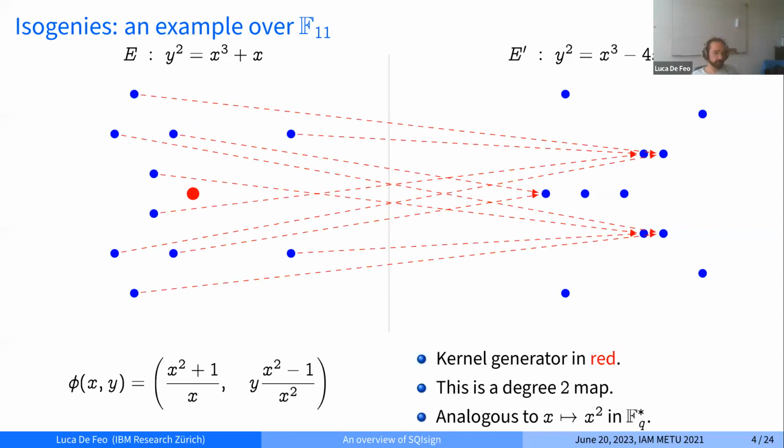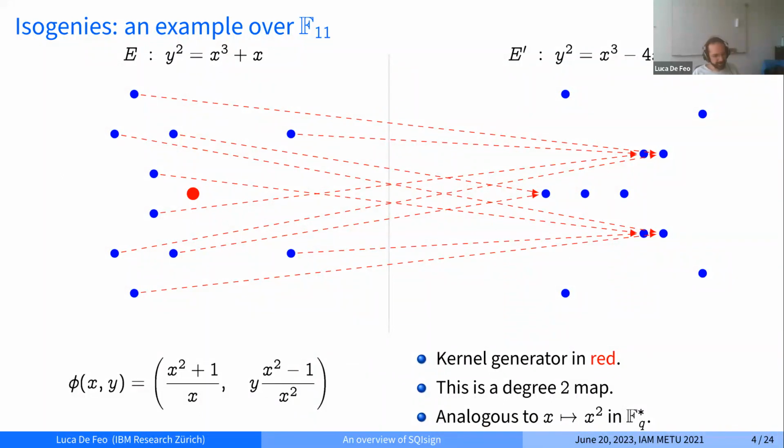And then this map, defined by these polynomials that I have there in the lower left corner, (x squared plus 1) divided by x and y times (x squared minus 1) divided by x squared, it's easy to check that this map is an isogeny. It certainly is algebraic because it's defined by algebraic maps. And then you need to check that the point at infinity is sent to the point at infinity.